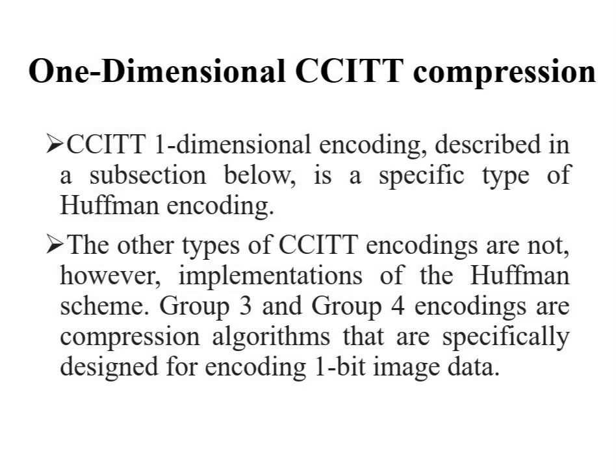The most important changing element is A0, which is either set to the location of an imaginary white changing element to the left of the first pixel of each new coding line, or determined from the previous coding mode. Coding modes are discussed in the following paragraphs. After A0 is located, A1 is identified as the location of the next changing element to the right of A0 on the current coding line.